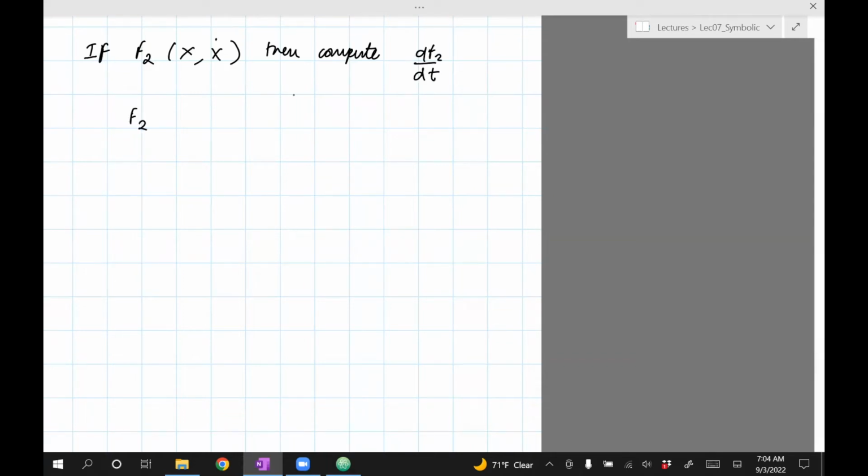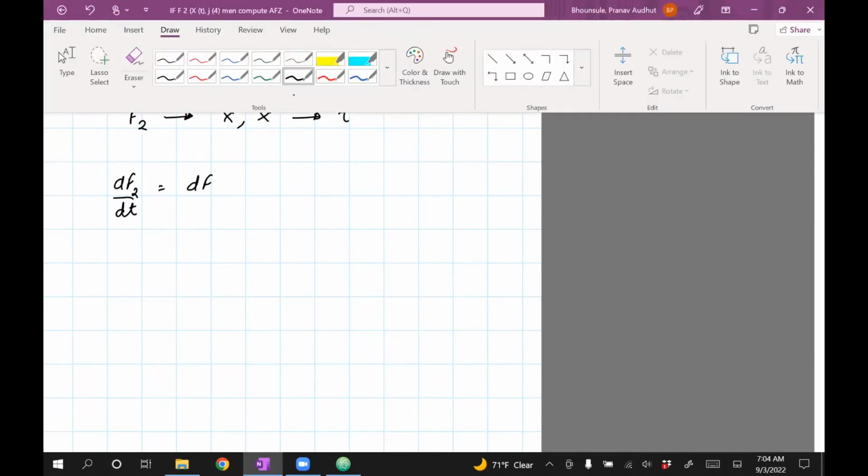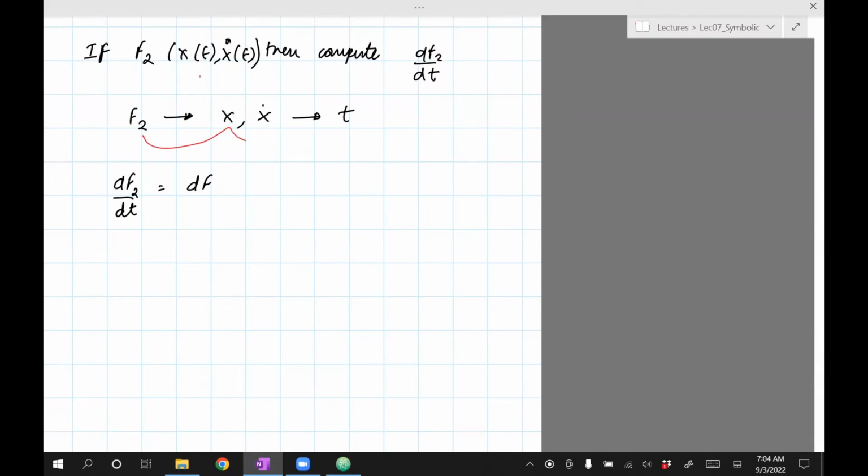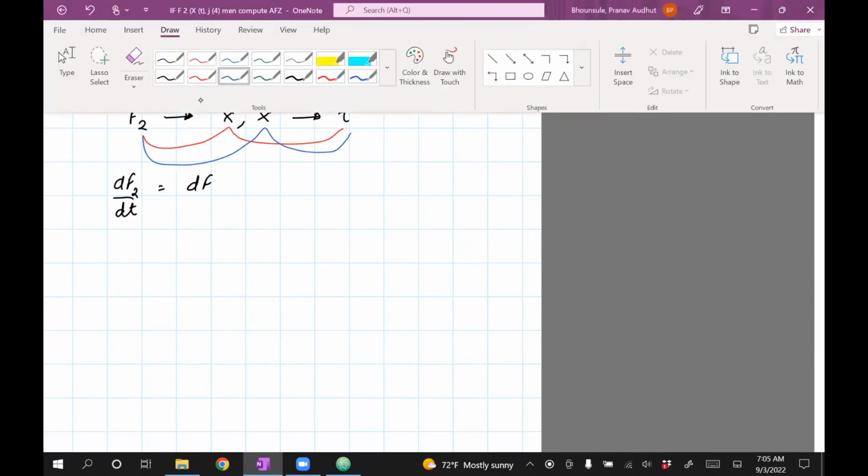So here f2 is a function of x of t and x dot. So f2 is a function of x and x dot, but x and x dot are functions of t. So here I do the chain rule again. There are two ways I get to t. One is I get from f2 to x to t, and the other pathway is f2 to x dot to t, and I need to write both of those in the chain rule.